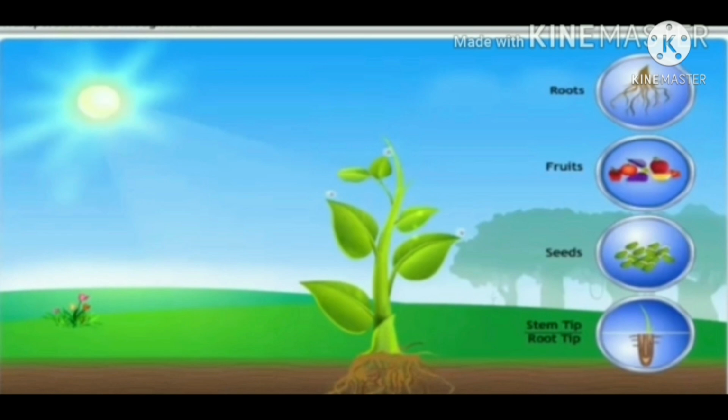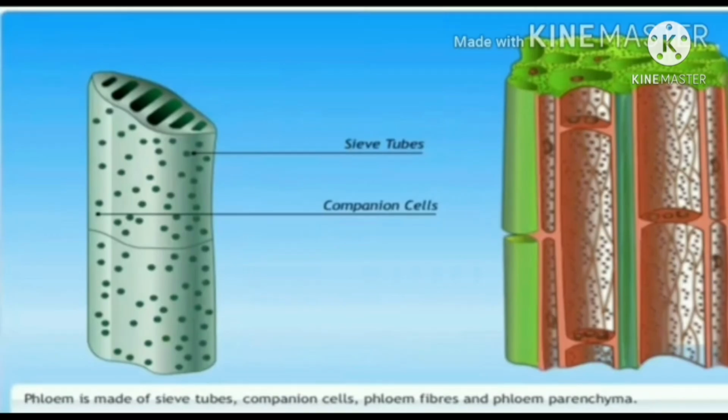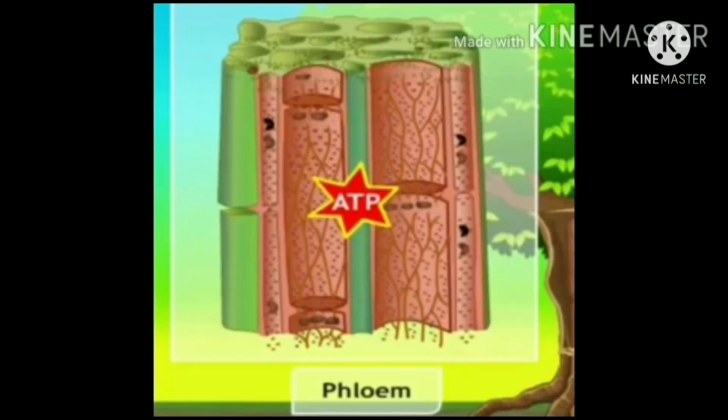The translocation of food and other substances takes place in the sieve tubes both in upward and downward directions. See children, the translocation in phloem is achieved by utilizing energy.